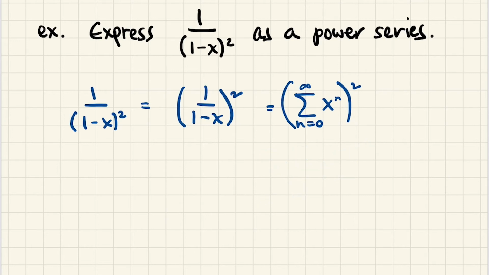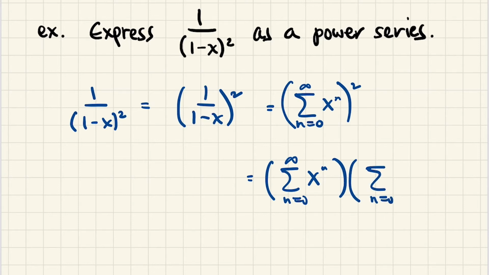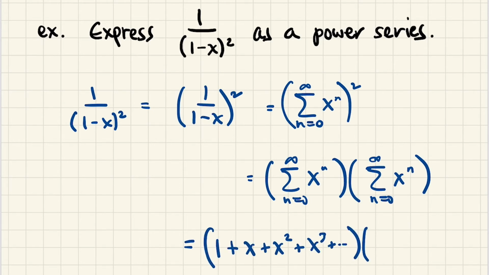If you really wanted to force this into the form of a power series, you would have to recognize that this is the product of this series with itself. Of course, that's what it means to be squared. And that would be these terms multiplied by these terms. And you'd actually have an infinite foiling job to do.